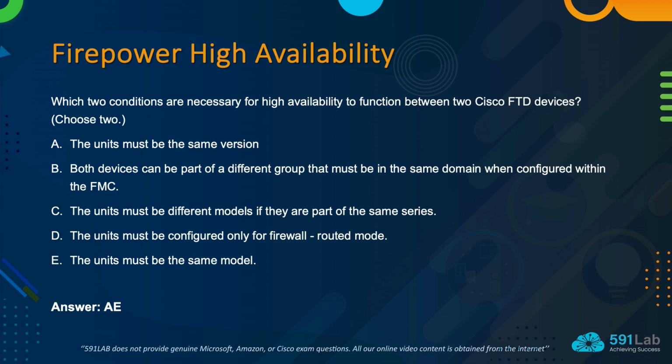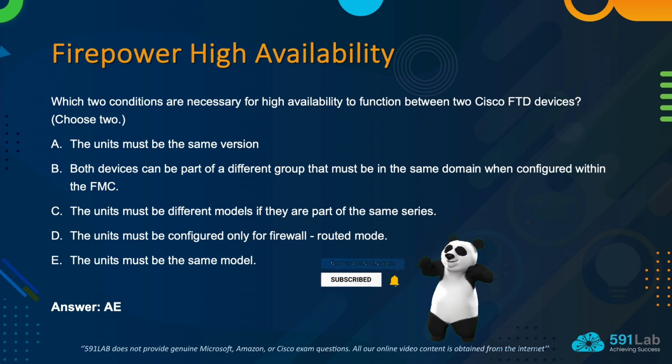Option C. The units must be different models if they are part of the same series. This is not a requirement. As long as the Firepower Threat Defense devices are exactly the same model, they can be configured for high availability. And the last one is option D. The units must be configured only for the firewall routed mode. Firepower Threat Defense high availability supports both routed and transparent firewall modes.